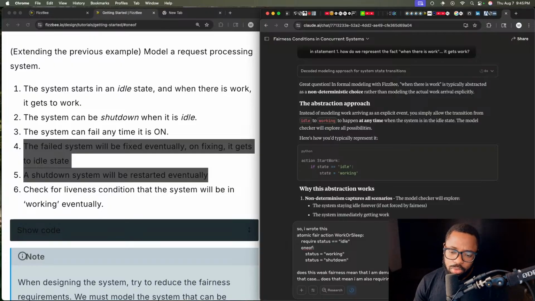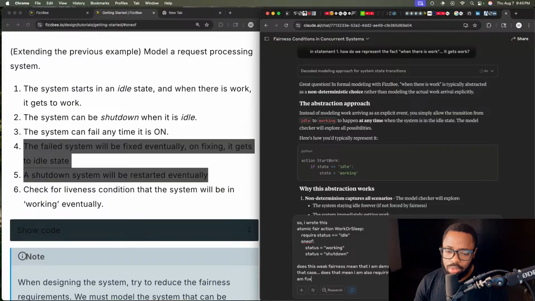Does that mean I'm also requiring the system to keep the status to idle? I'm fuzzy on fairness and the non-determinism aspects of things.